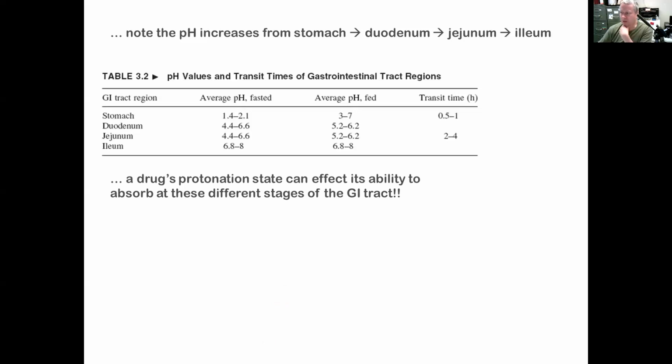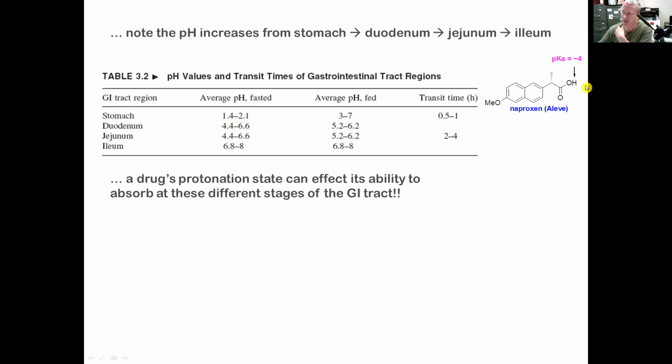Okay, but let's think about naproxen first of all. It's Aleve, an orally available non-steroidal anti-inflammatory drug. That's a painkiller. It's got a pKa of 4, right? So we'll say at pH 2, pretend it's pH 2, like in the stomach.